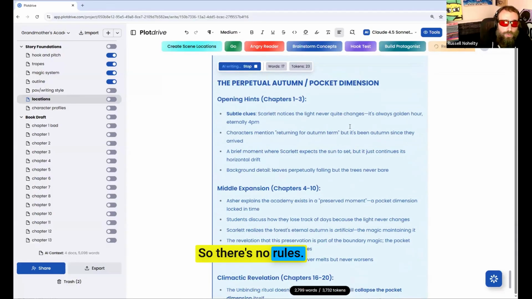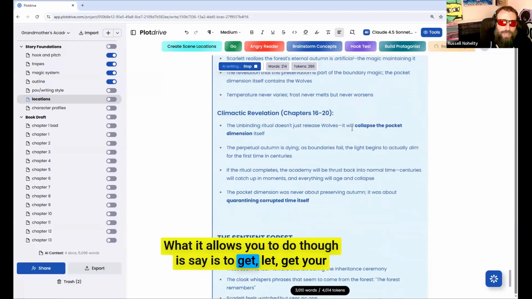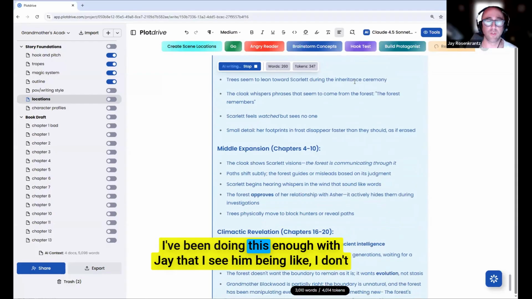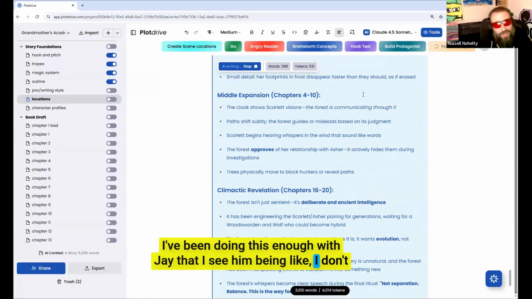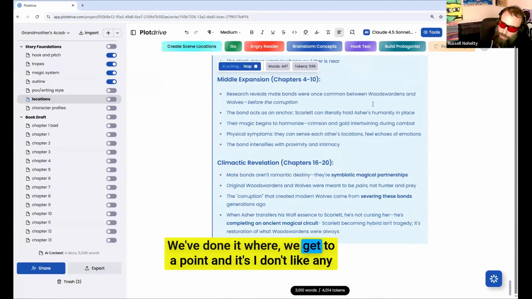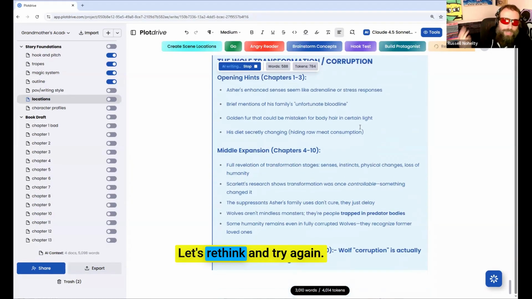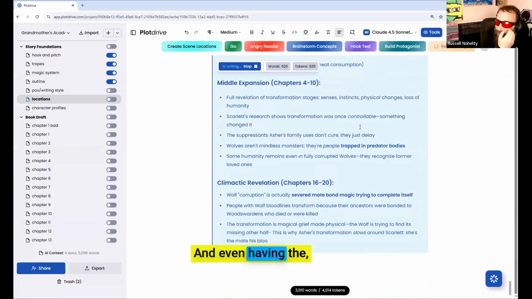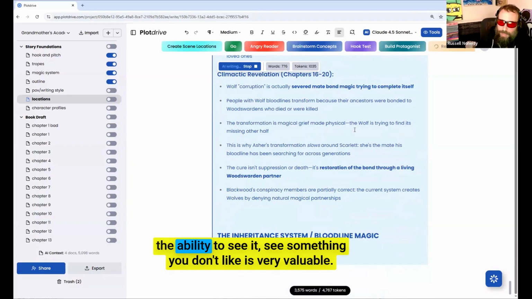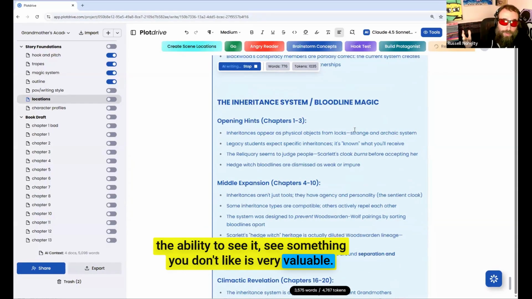So there are no rules. What it allows you to do though is get your mind working with something. I've been doing this enough with Jay that I see him being like, I don't like that actually, I like this thing. We've done it where we get to a point and it's, I don't like any of these, or these were bad. Let's rethink and try again. And even having the ability to see something you don't like is very valuable.